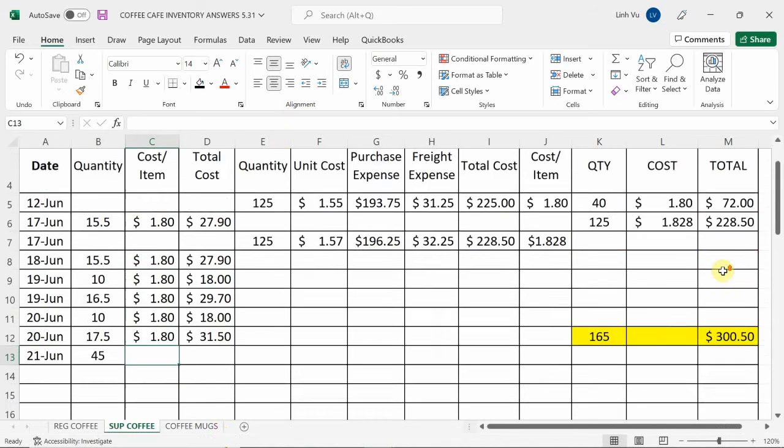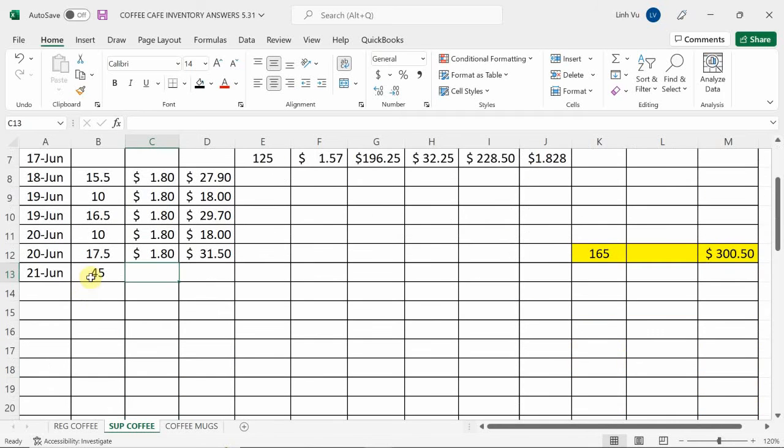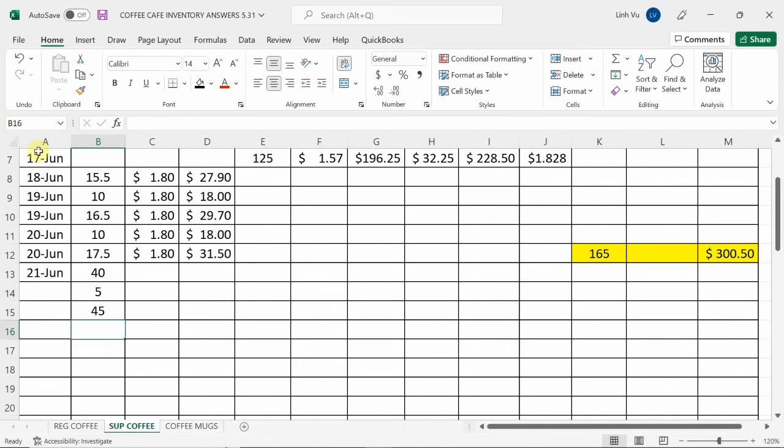We only have 40 pounds left from the first batch, so that means we're going to be dipping into 2 batches of inventory. So we have to do a split cost here. We can only calculate 40 and then we'll have 5 remaining.